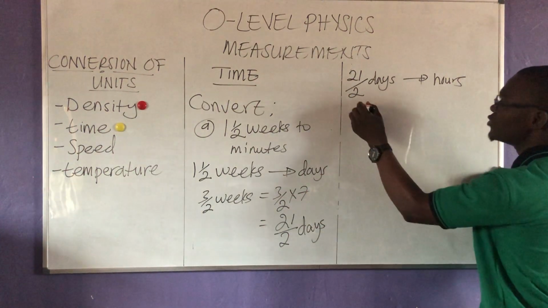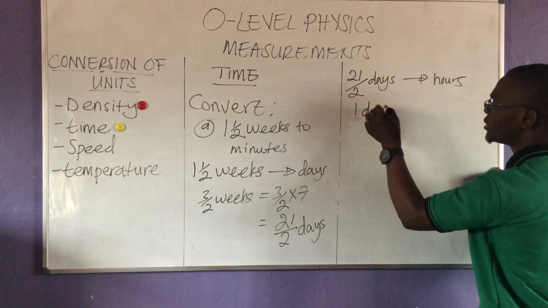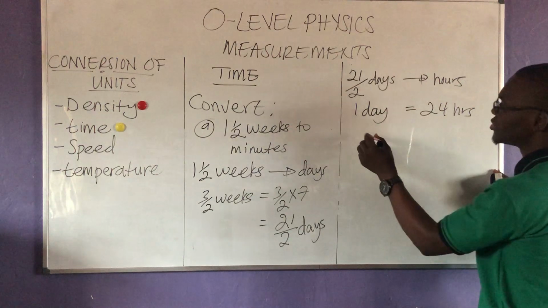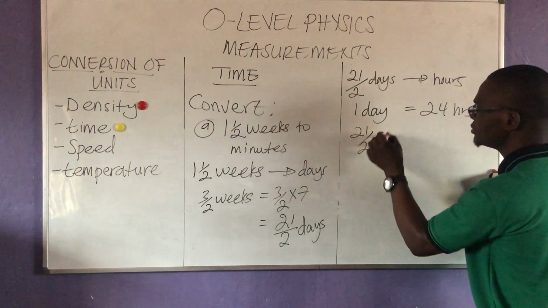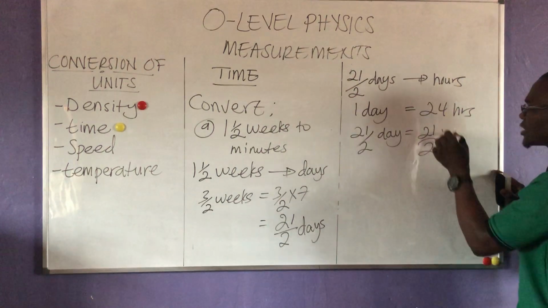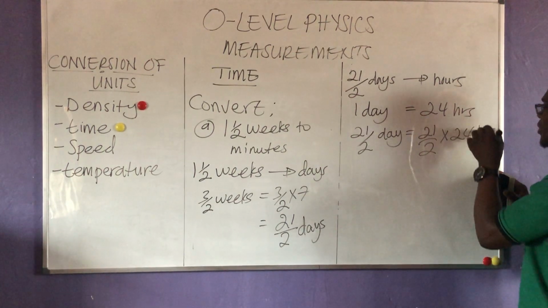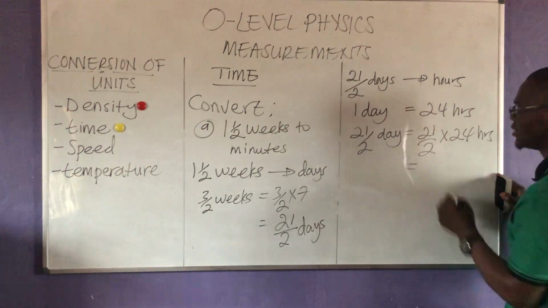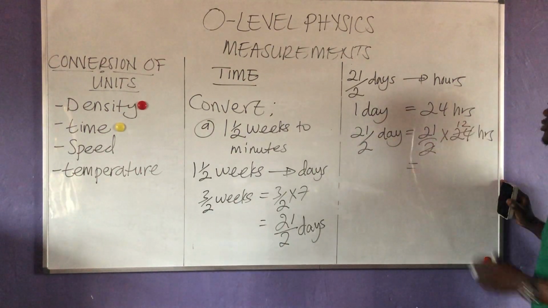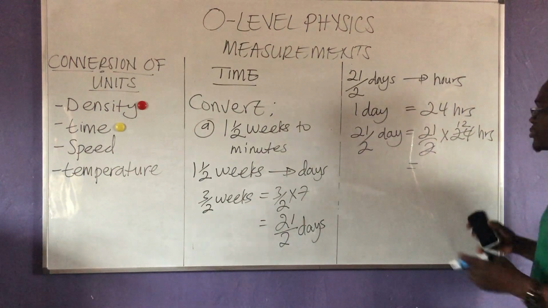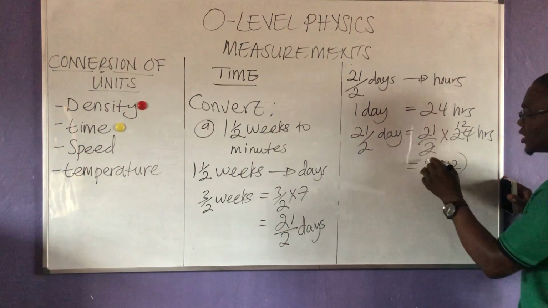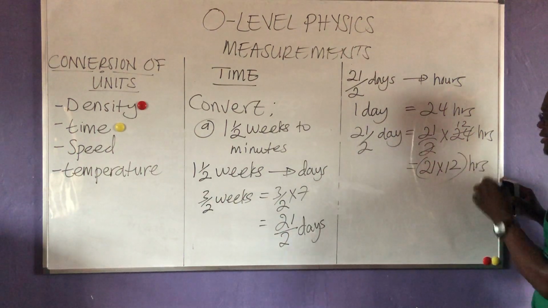So if 1 day is equivalent to 24 hours, what about the 21/2 days? That would be 21/2 times 24 hours, giving us, we can now reduce the 2 and the 24, 12. So we shall multiply 12 times 21 to get the number of hours.